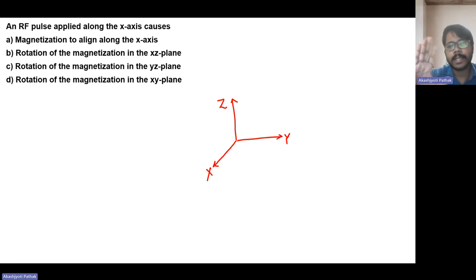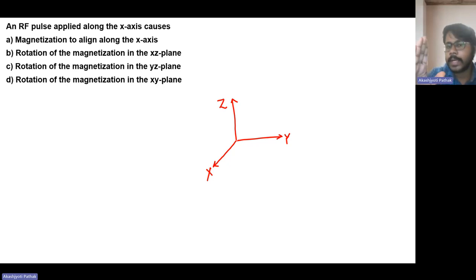Your rest of the fingers should be aligned along the bulk magnetization in the equilibrium state. So this is my x-axis, pointing towards my face, and this is the z-axis along which the bulk magnetization is aligned.